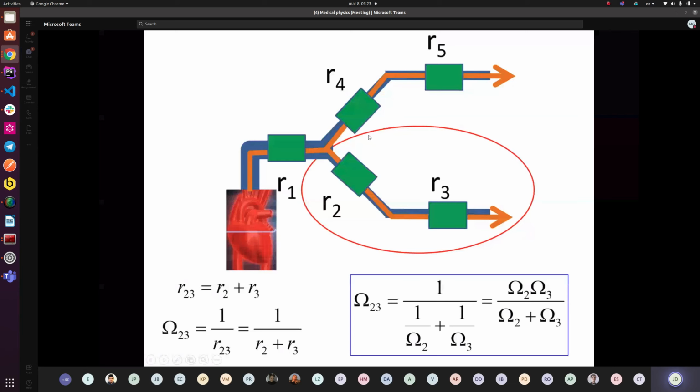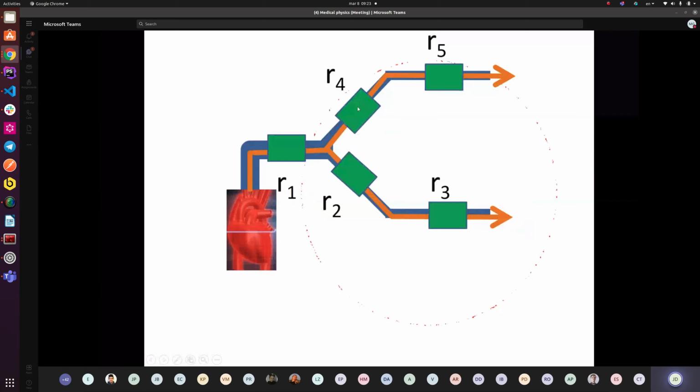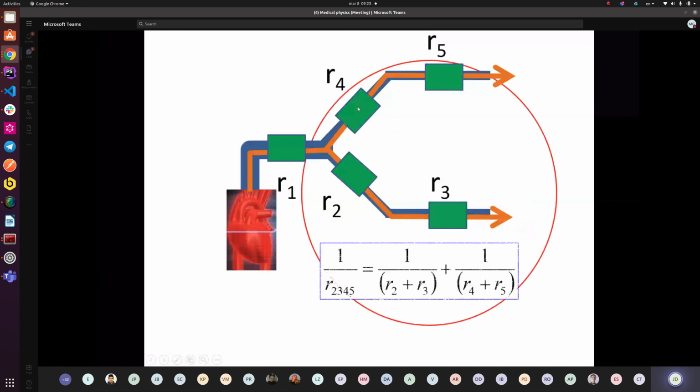Similarly, we can describe this one. And the conductivities are summarized. The summarized conductivity of these two branches is the sum of the conductivities. So the conductivity of this one, 2, 3, 4, 5, is equal to the conductivity of this one plus the conductivity of this one.